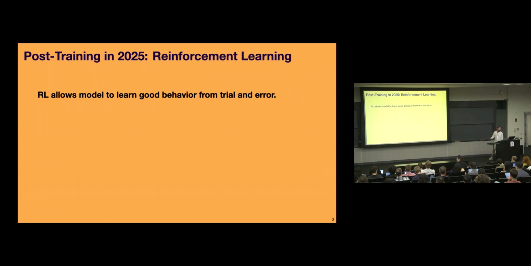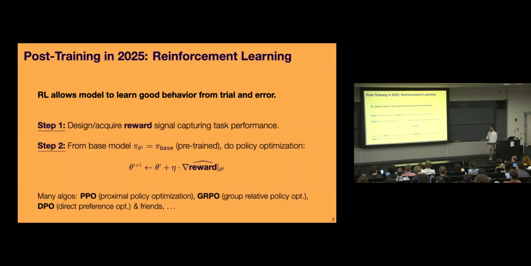Whereas with post-training, I should say, if you use techniques based on reinforcement learning, you don't actually need to supervise with explicit examples of the behavior you want. Instead, the process is, I design or acquire some kind of reward signal that tells the model how good it's doing at the task.